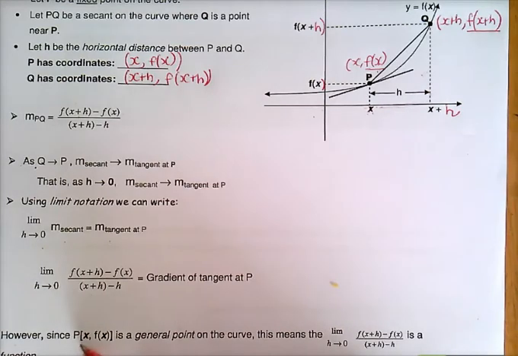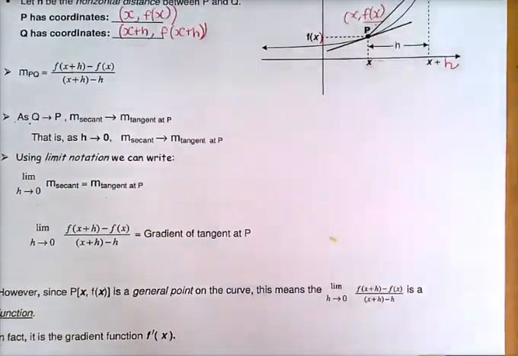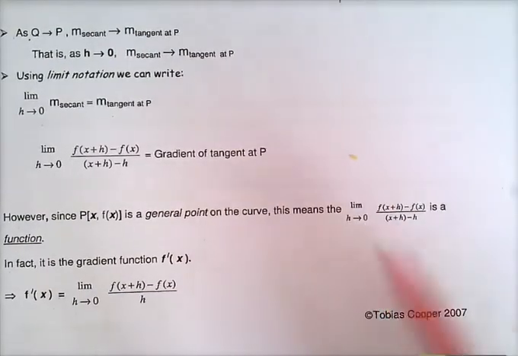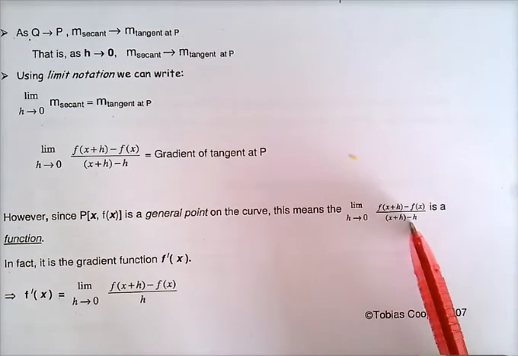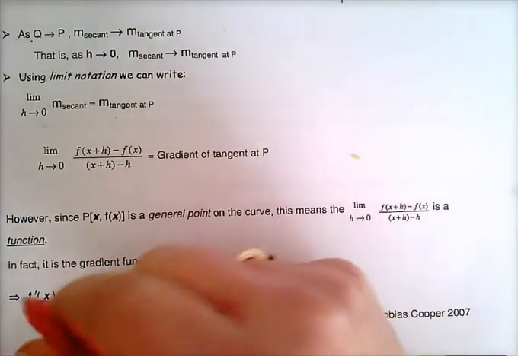However, since the point P, which is x, function of x, is a general point on the curve, up here, it means that the limit as h approaches 0 of function of x plus h minus function of x over h is a function. In fact, it's what we call the gradient function.